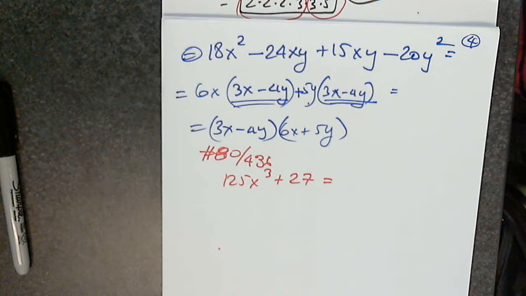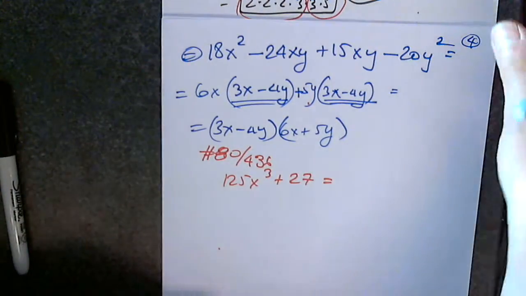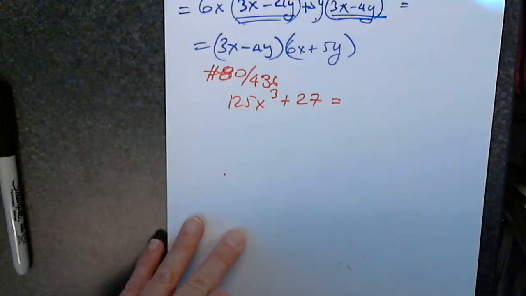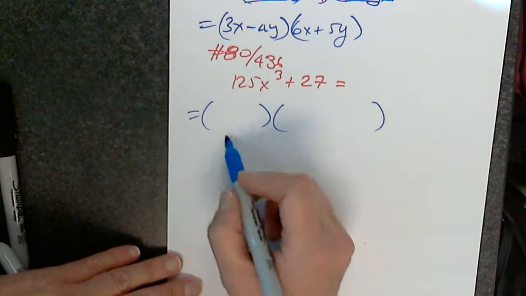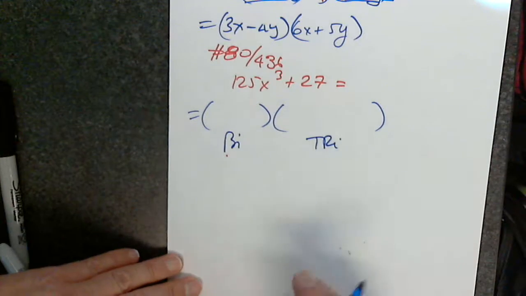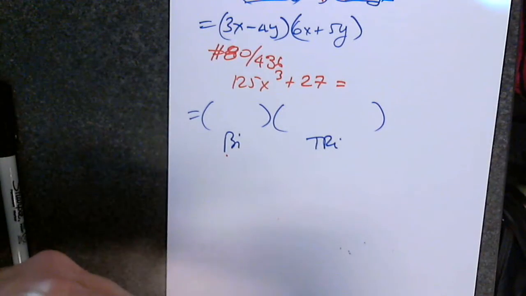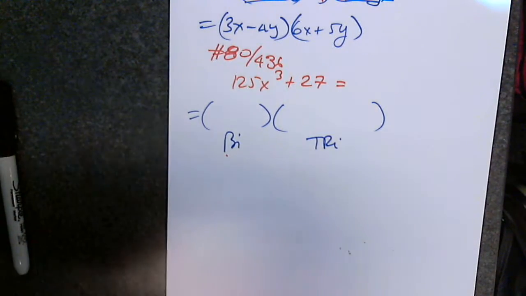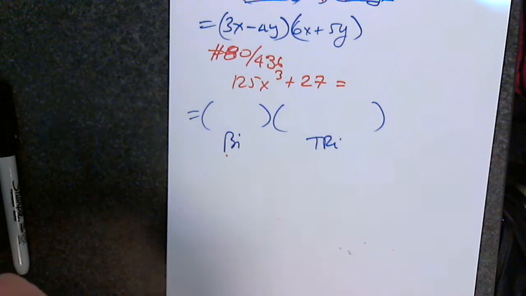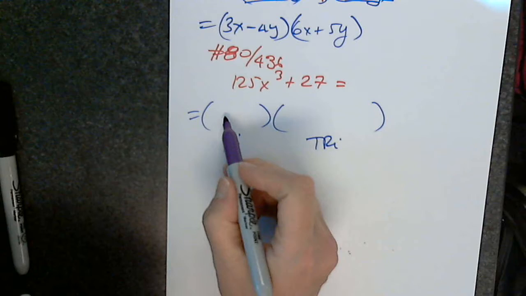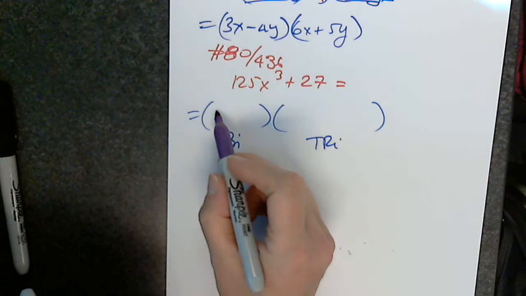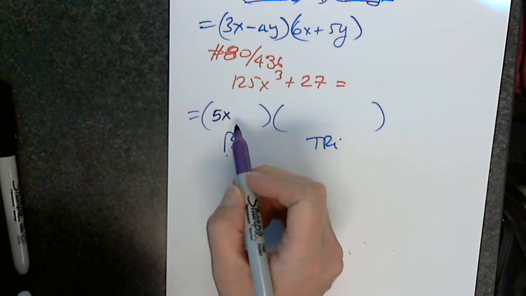It would be the sum of cubes. Very good. When you say the sum of cubes, what will you get ready? Binomial. Very good. Can anyone identify the binomial for us? It would be 5x plus 3.